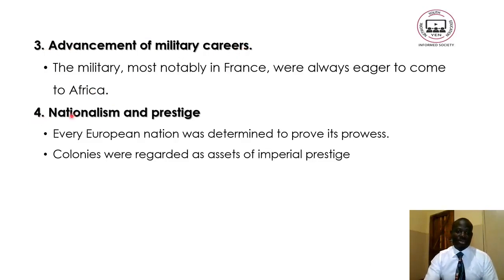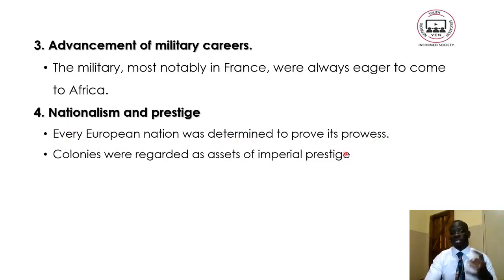And also nationalism and prestige. Every European nation was determined to prove its prowess. So colonies were regarded as assets of imperial prestige. We see that the European countries wanted to show their power, their prowess. Prowess means power.